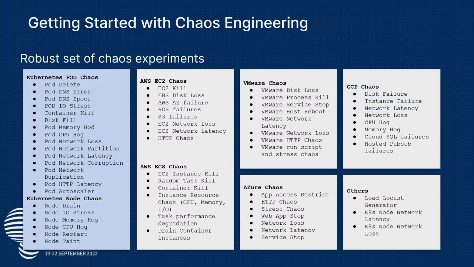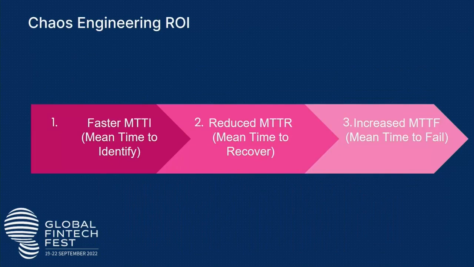Getting started with chaos engineering is very, very easy. You got about 75 types of faults. So, at a start level, you can do basic chaos engineering within a week, or within a few weeks, right? Most of the things are readily done for you.